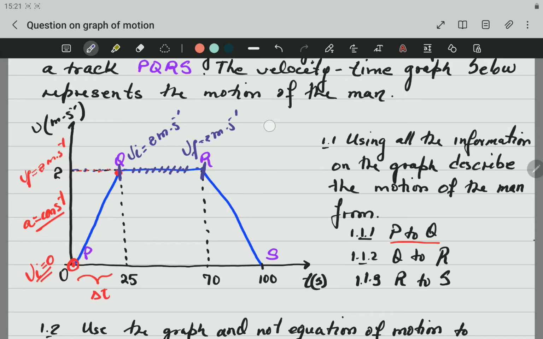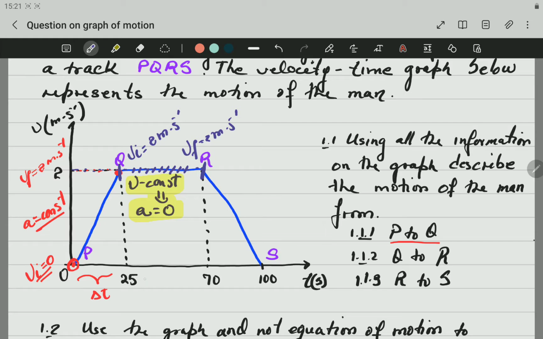Let's take this one here and write it here. Velocity is constant. If velocity is constant, then acceleration is going to be equal to 0. Remember that one. How long did the man run at this constant velocity?